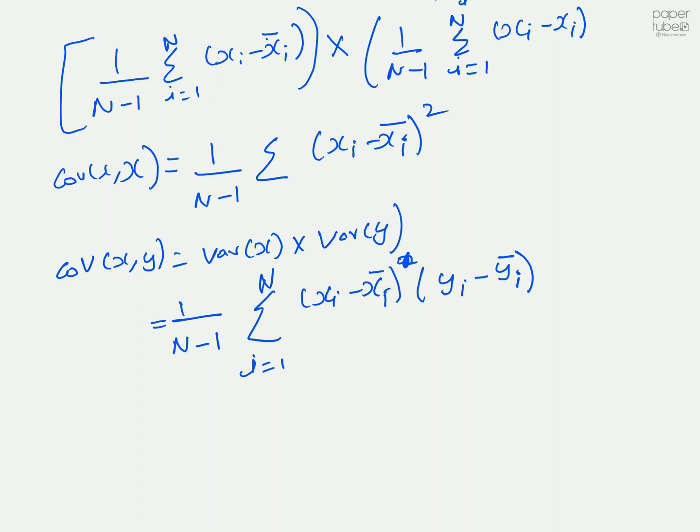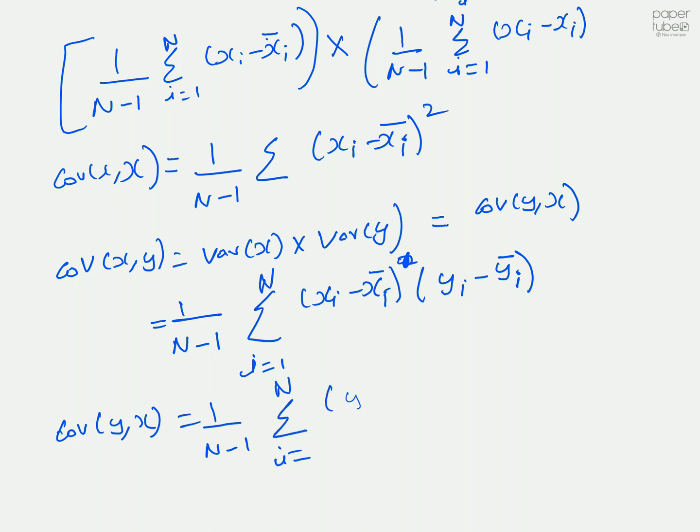This gives the covariance of x comma y, and this should be equal to the covariance of y comma x. So I can write the covariance of y comma x as the same, 1 by n minus 1, i equal to 1 to n, yi minus the average of all the y's, times xi minus the average of all the x.